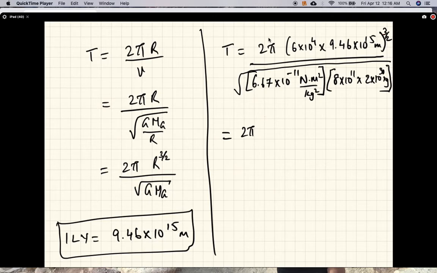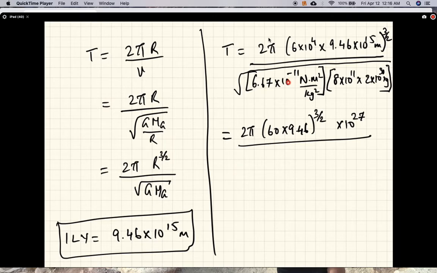So 2 pi times 60 into 9.46 in the numerator to the power 3 halves times 10 to the 27. In the denominator, let's look at the powers of 10.